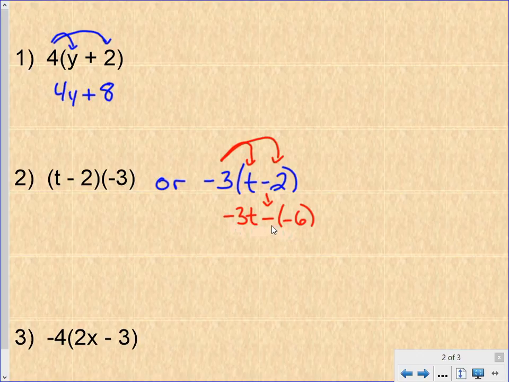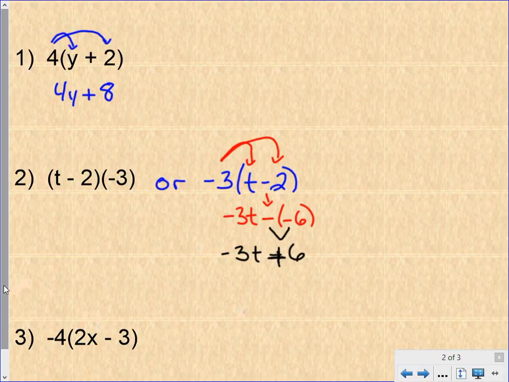Don't leave your answer like this. Negative 3t minus negative 6 can be simplified to negative 3t plus 6. So the two symbols get replaced with one symbol. So negative 3t plus 6. Sorry, that's a terrible plus sign.